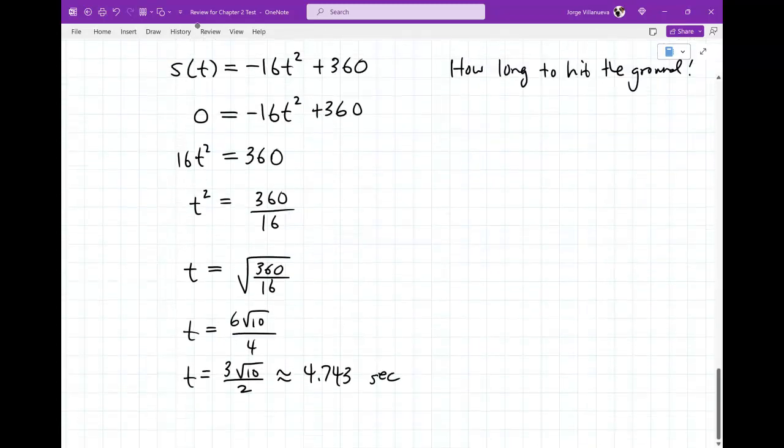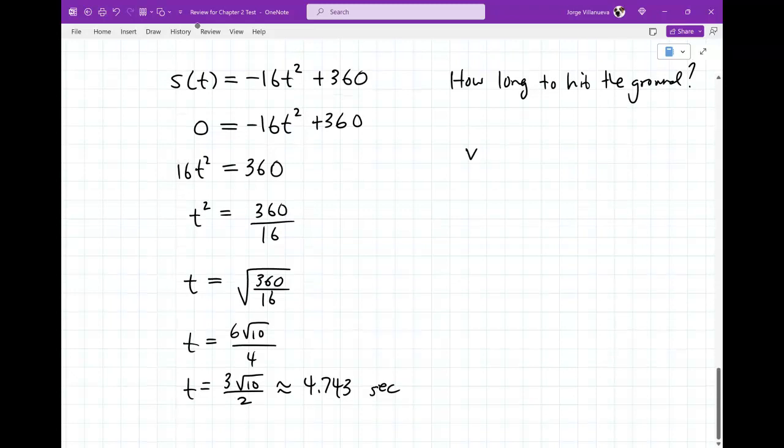So now the question is, how fast was it moving when it hit the ground? Okay? So now, to figure out speed, what do I do? Now I'm going to want to do what you told me to do at first. Find my velocity, right? By doing a derivative, right? I want to take a derivative of my position function. So v of t is equal to, so how long did it take?